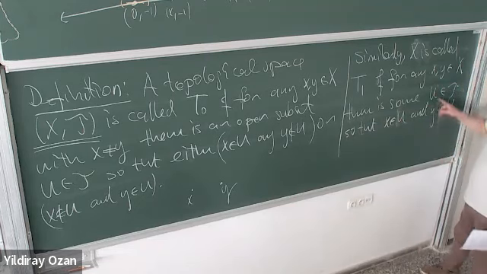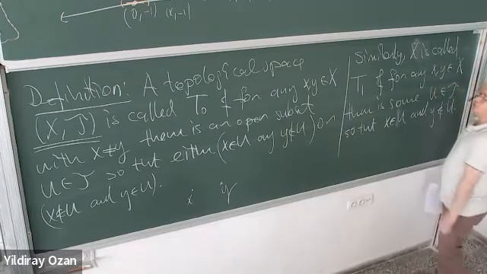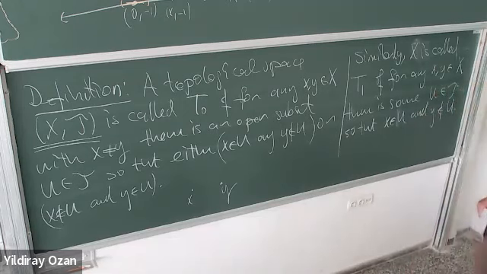You say that if I am given 2 points, then I can find an open set containing this one but not this one, okay? And of course, similarly, there is an open set containing this one, not containing the other one. So if this is the case, we say that the space is T1, okay?